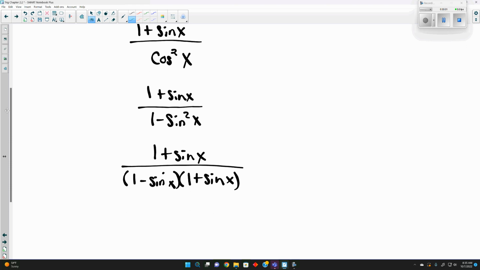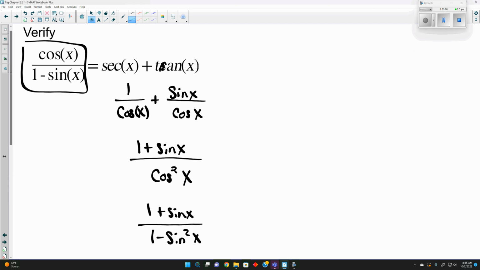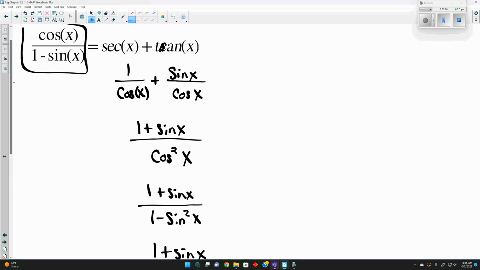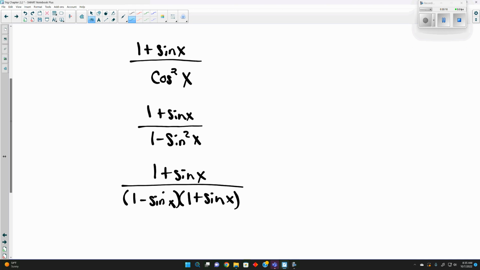Secant tangent. I'm just making sure I didn't miswrite this again. Nope, we're good.